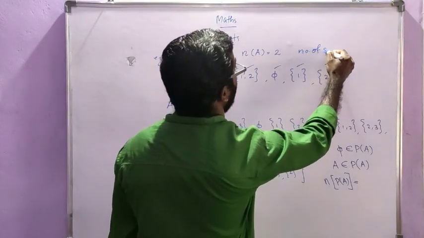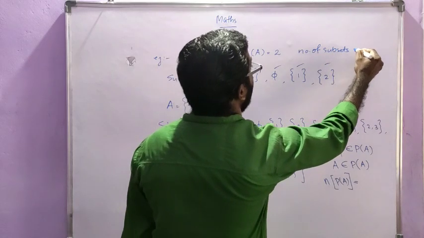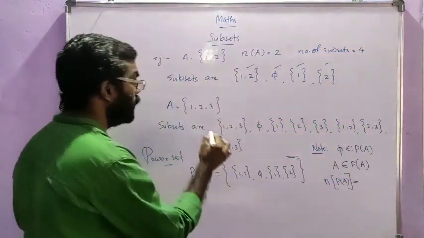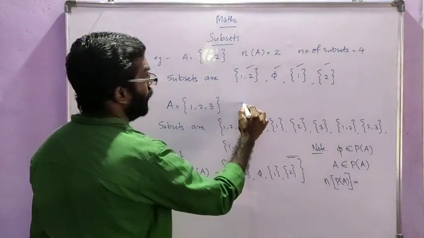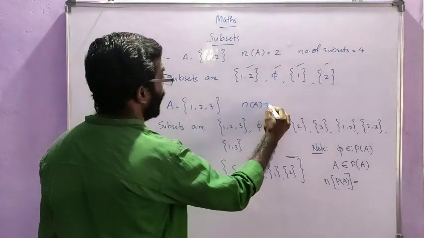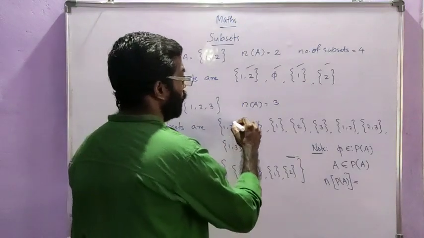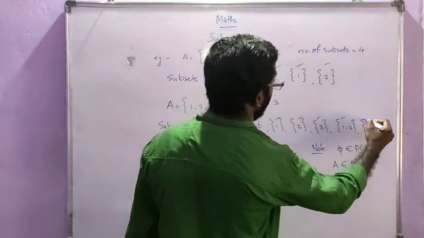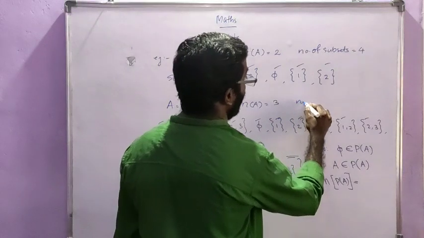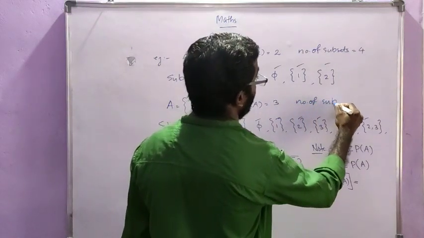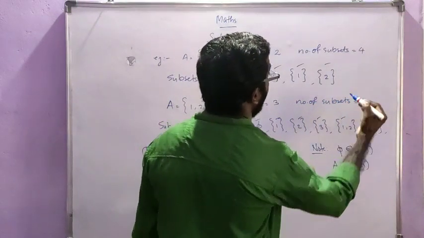The number of subsets is equal to 4. In the second example, N of A, the number of elements in A, is equal to 3, and the number of subsets are 1, 2, 3, 4, 5, 6, 7, 8. The number of subsets is equal to 8.